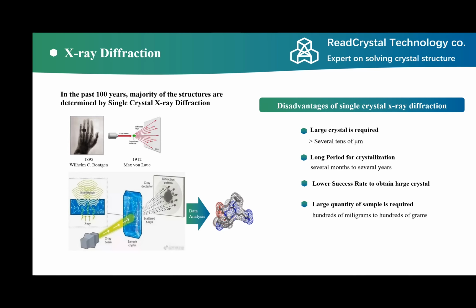And moreover, a large quantity of sample is needed to test different crystallization conditions. In structural biology, maybe a few hundred or even thousands of experiments have to be done in order to find a suitable crystallization condition.